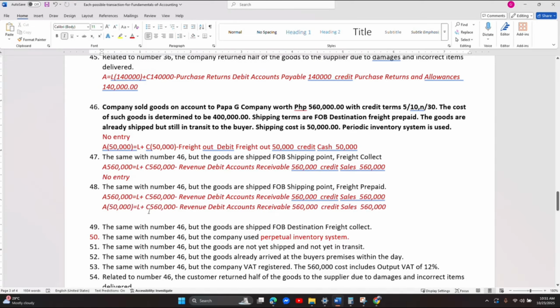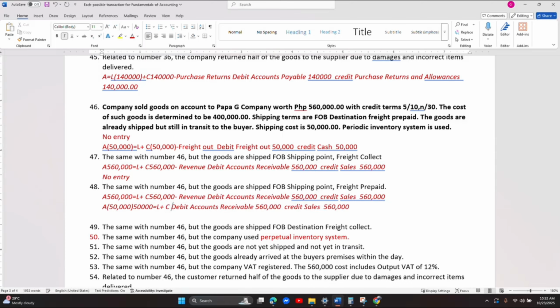And since you are the seller and you have paid a certain obligation that is not yours, you have to add to your assets also in the form of accounts receivable. So this is cash, the decrease, but you will add another asset, 50,000 accounts receivable from Papa G. Okay? So that's the analysis in the A is equal to L plus C.